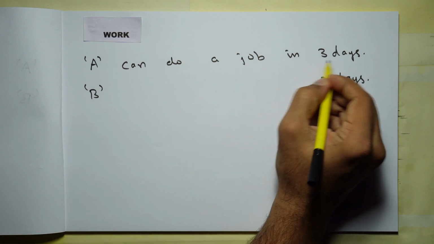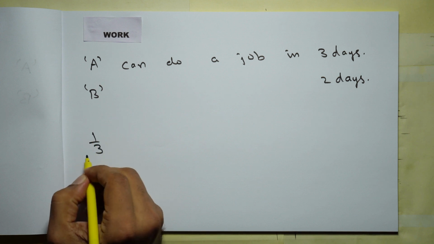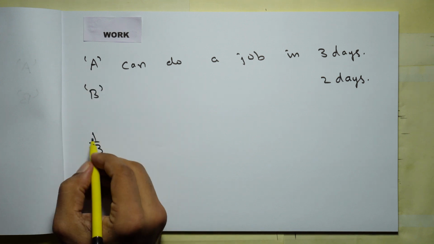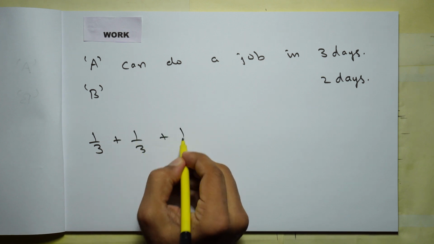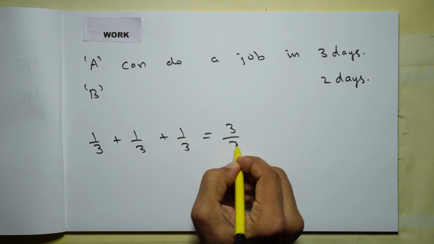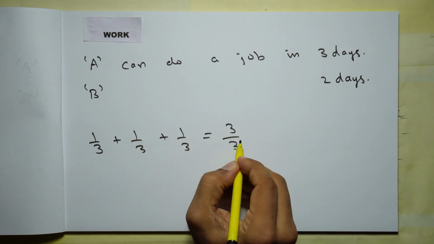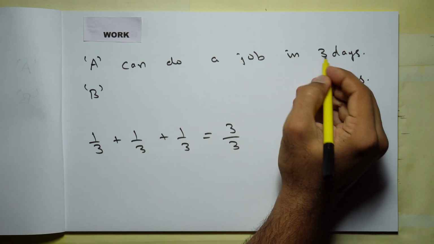A can do a job in 3 days, which means that every day A will do 1/3 of the work. So on the first day A will do 1/3 of the work. Second day A will do 1/3 of the work. Third day also 1/3, and in 3 days he'll complete 3/3, the whole job. That is how A completes the job in 3 days.